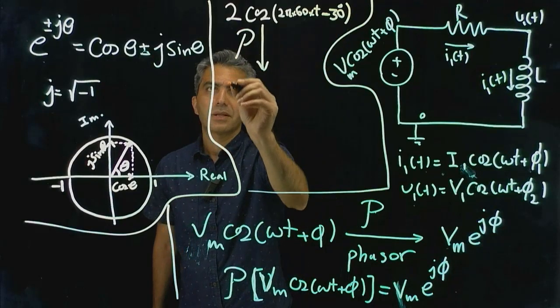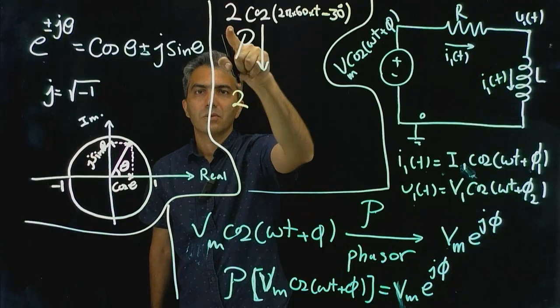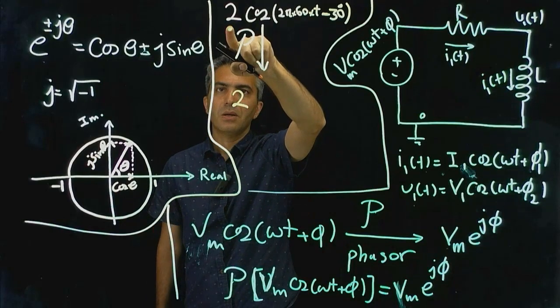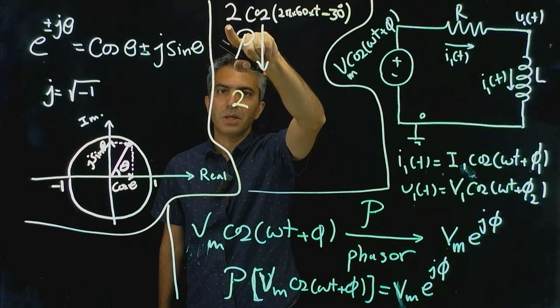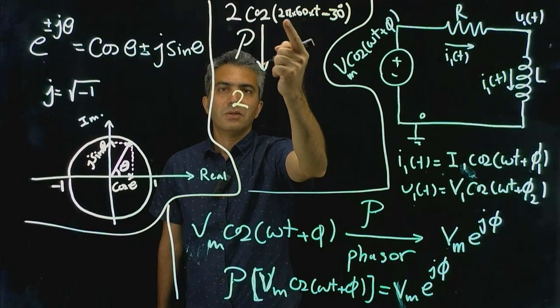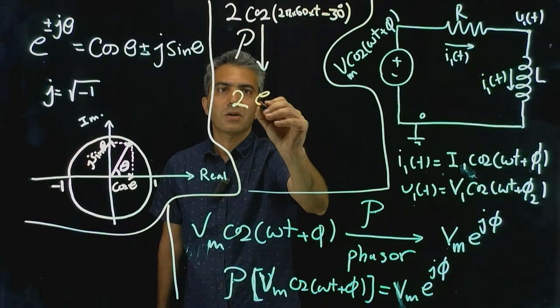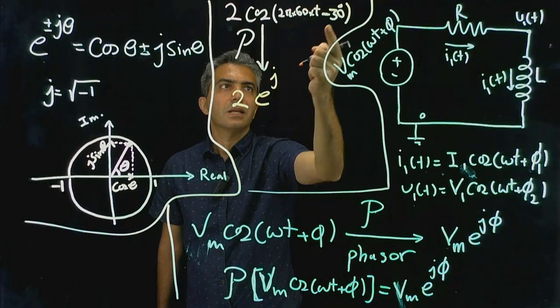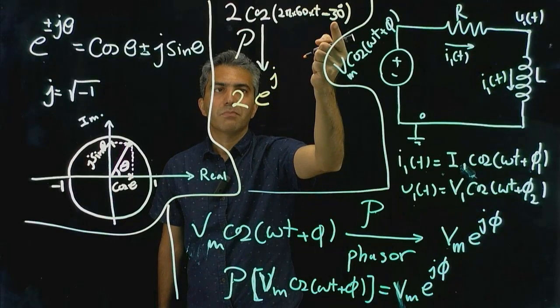Now, in the phasor domain, we know that the magnitude is going to be preserved, and there is no time dependency. This is gone. It is 2 e to the j, and now this is the phase, minus 30 degrees.